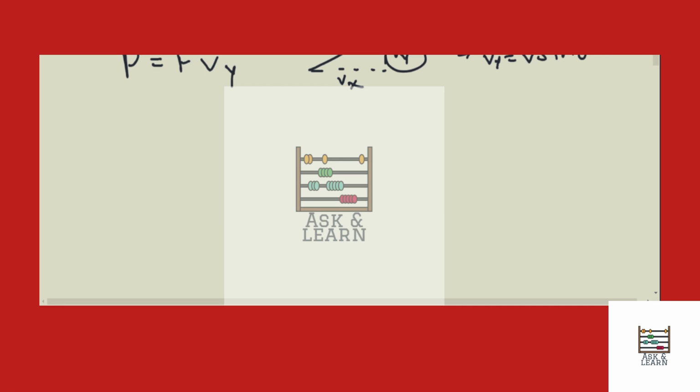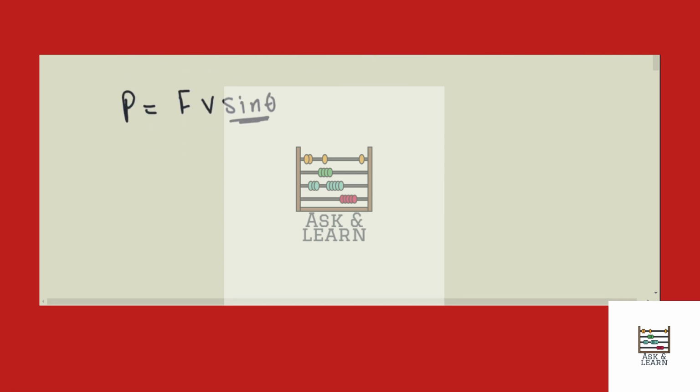Now let's plug this back in for power. So we have power is equal to force times velocity times sine of theta. So to find a value for sine of theta, we need to know the dimensions of the escalator. So this escalator, again, creates a sort of triangle.